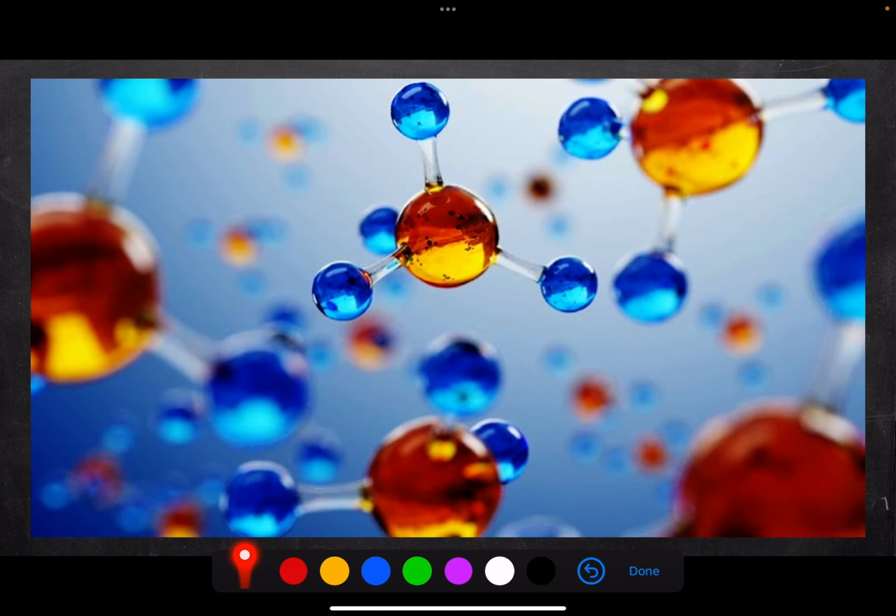So, how do fuels release their energy? Fuels have a potential energy inside of them called chemical energy. And that energy is stored in the bonds that exist between the atoms that make up the fuel molecules. So, this is a particular molecule. This molecule is called methane, right?